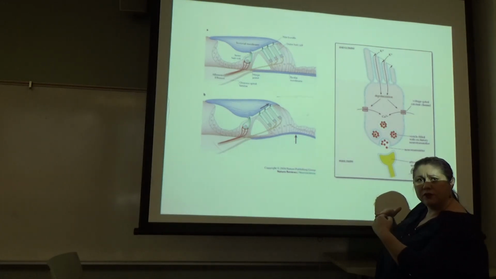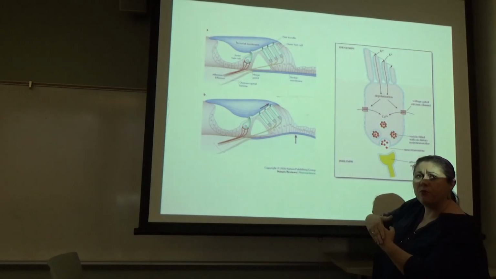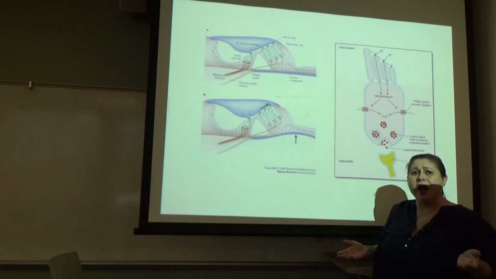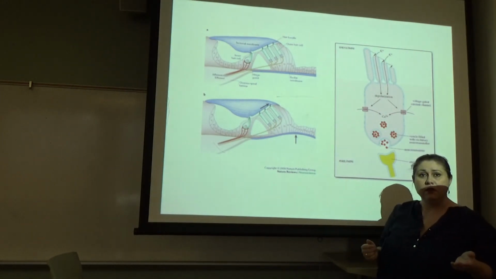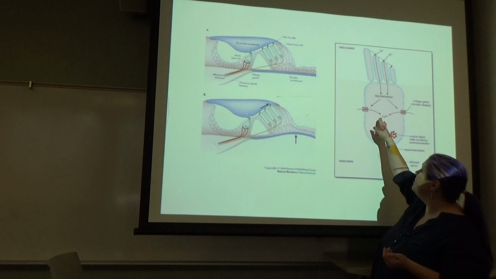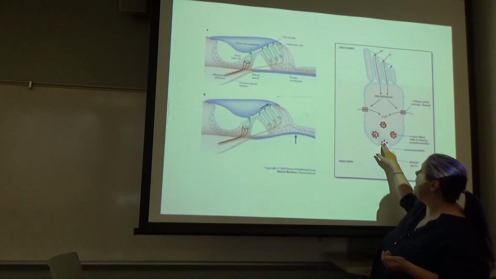The vibration of those fluid molecules causes the tectorial membrane to move, and it pulls open little gates. And guess what those gates are? They're ion channels. When the ion channels open, in this case potassium comes into the cell, and the potassium in the cell changes the amount of glutamate.